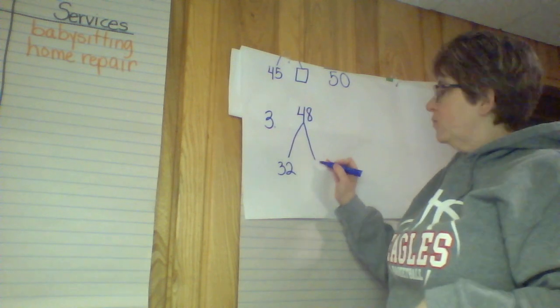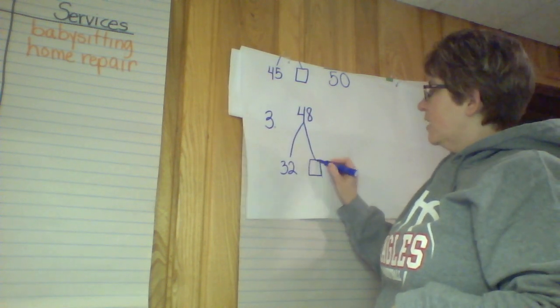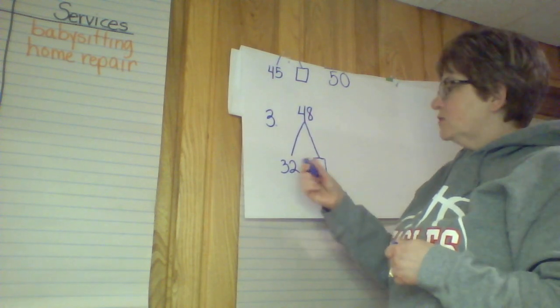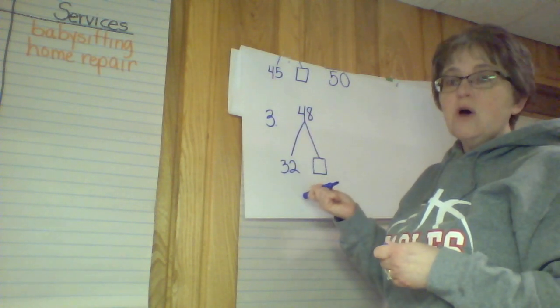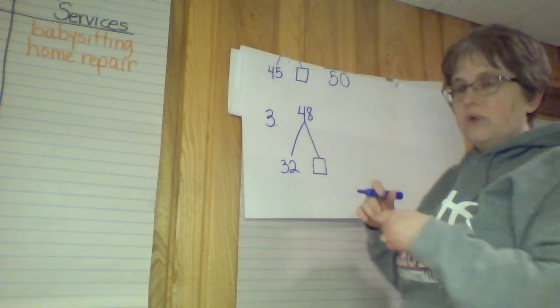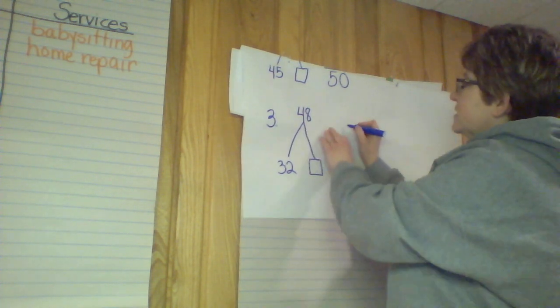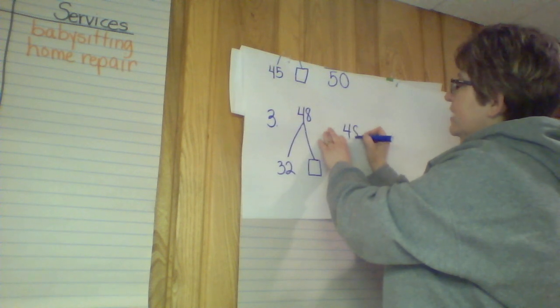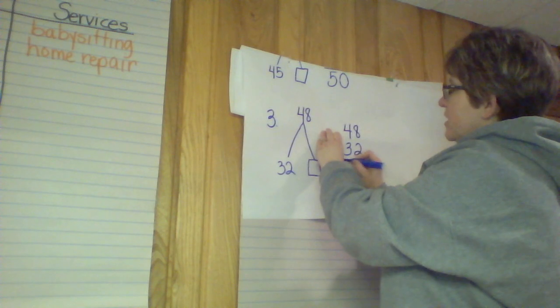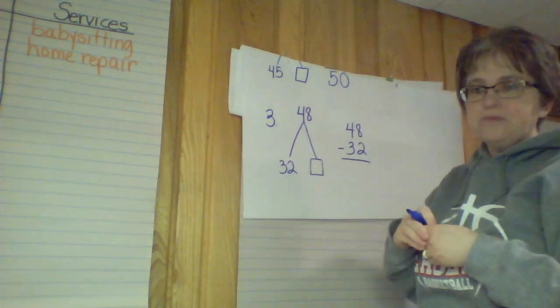And we want to find out how much is left. So that's my unknown. So I'm wanting to find one of the partners. So am I going to add or subtract? I'm going to subtract. So I take the total number 48 minus the one partner that I know, 32.